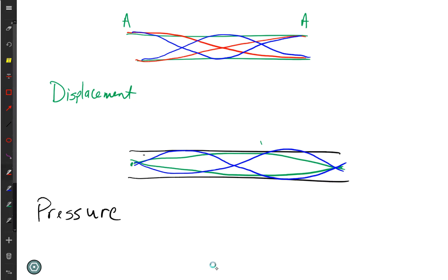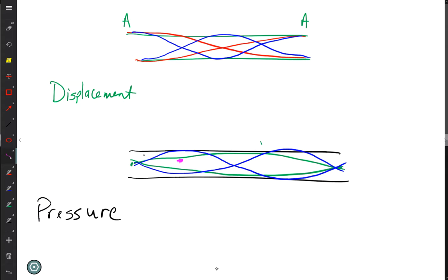What can you tell me is going on with the pressure right here? What's the pressure doing? Let's say we're in the blue one, so I chose a place where we are at an antinode for the pressure. What's the pressure doing at that antinode? Is it staying constant?